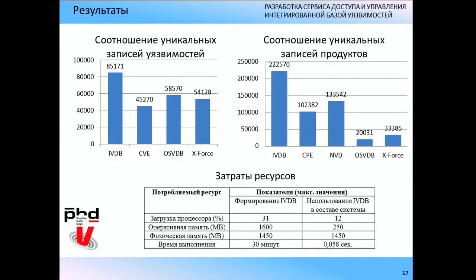Comparing the unique records and products with the NCP dictionary, in the resulting database we had more than 200 product records versus other databases, much higher. And in terms of costs on setting up used databases, consumption of resources was not so high, and time of setting up the result for the configuration was 58 particles per second.